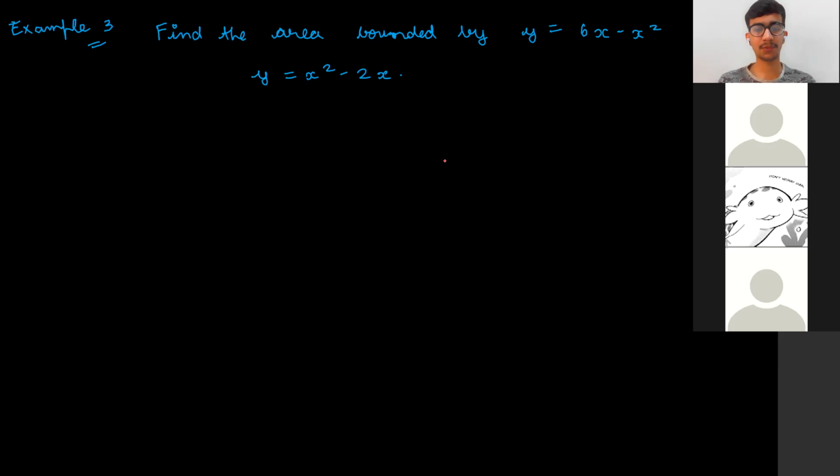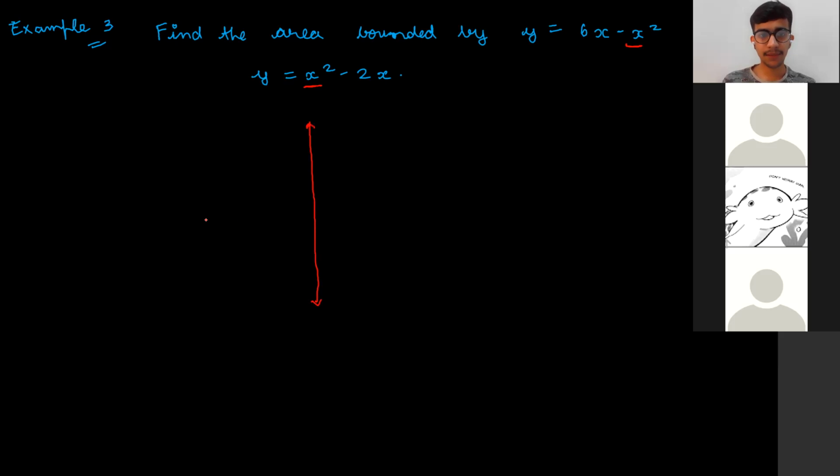Okay, which one is upward, which one is downward? See, whenever the coefficient of x square is negative, that means the parabola is downward. The coefficient of x square is positive, that means the parabola is upward. So let's plot these parabolas.